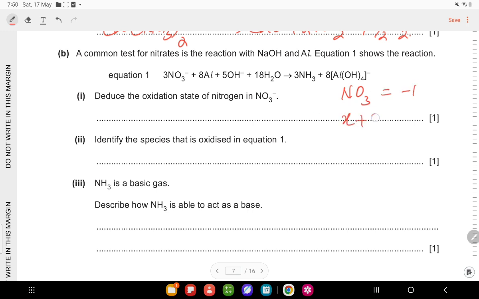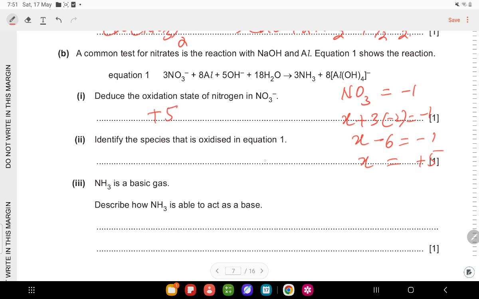Nitrogen X plus 3 times minus 2 is equal to minus 1. X minus 6 equals minus 1, X is equal to plus 5. So nitrogen oxidation state is plus 5.